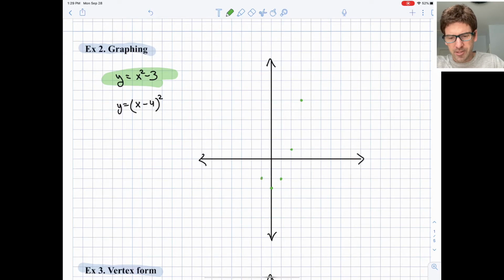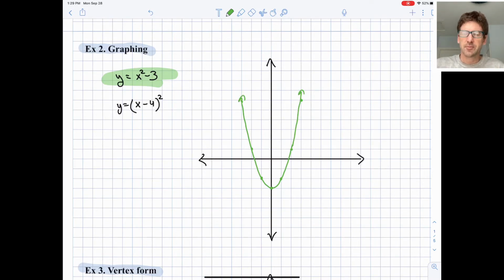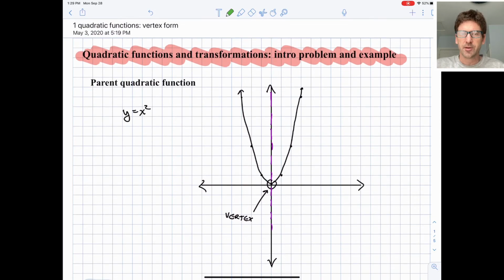And then we would have symmetry on the other side of the y-axis as well. And this is what a parent parabola should look like, only shifted down by 3. Okay, so exactly the same shape as our original parabola that we made at the very beginning of this video, only shifted down by 3.